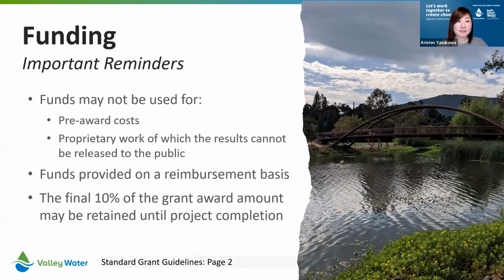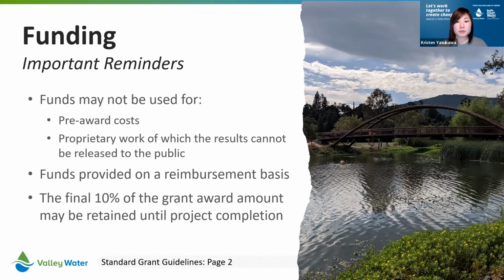So your time here tonight at this workshop or working on your application would not be eligible for reimbursement. Because again, these are taxpayer dollars from the parcel tax. All of our grant projects need to be open to the public, so we are not able to fund any proprietary work that can't be released to the public or have public access.